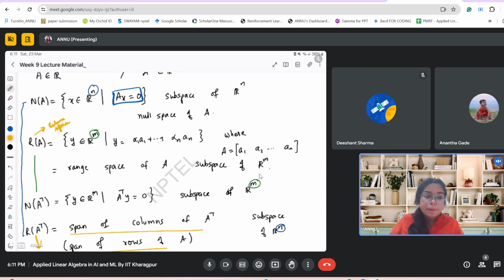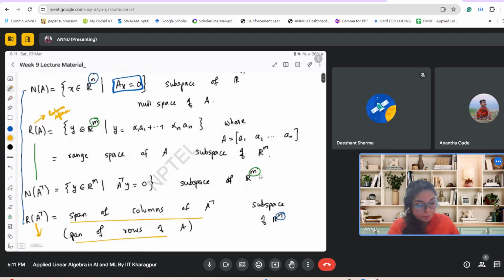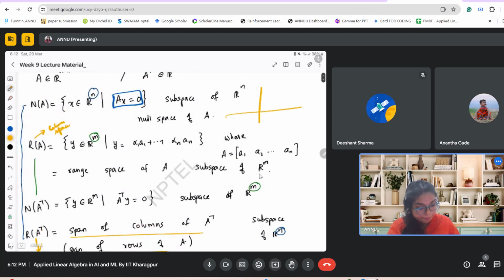We should also know in which cases a space is perpendicular to which subspace. What we have found is that the null space, suppose this is the null space, will be perpendicular to the row space.